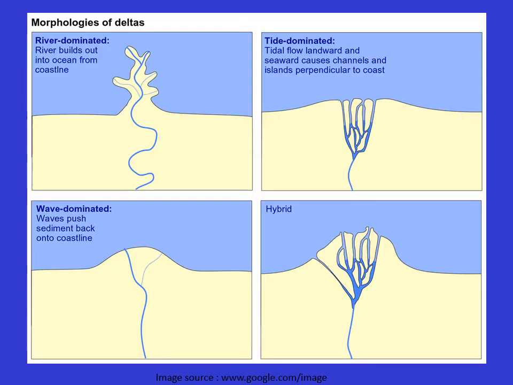Now, the shape of a delta is mainly dependent on three processes: whether the area is dominated by fluvial processes, whether it is tide dominated, or whether it is a mixed type, known as hybrid. Depending on that, different delta shapes occur, from bird-foot to arcuate.